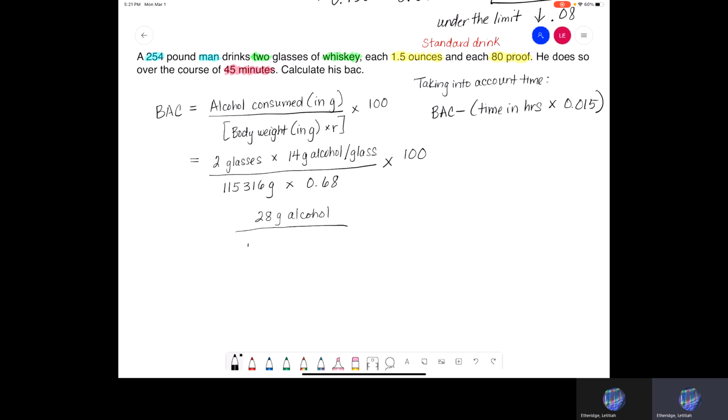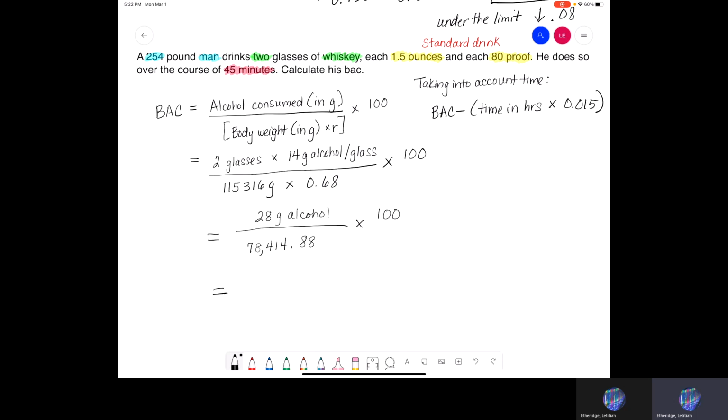We end up with 78,414.88. That's times 100. So take 28, divide it by 78,414.88.